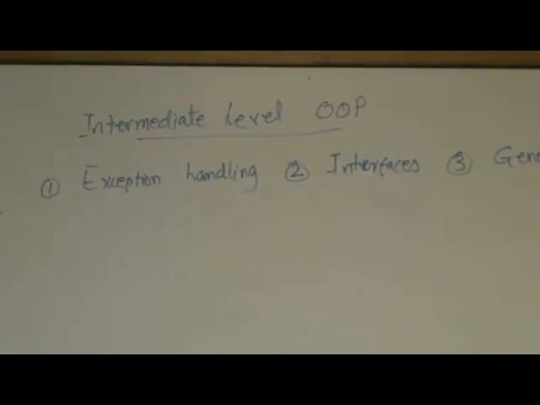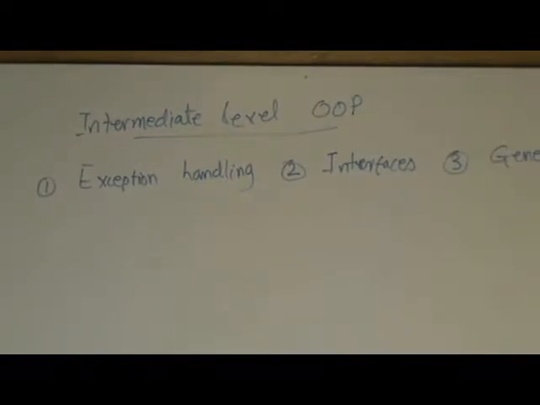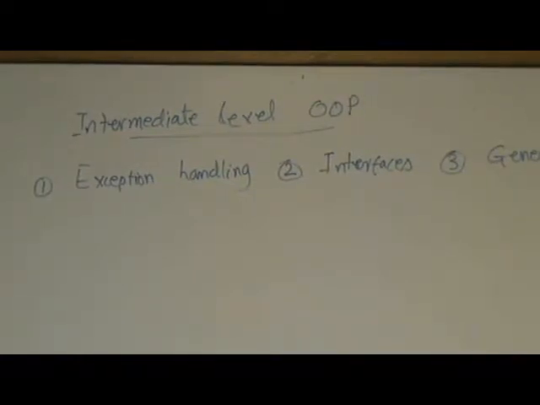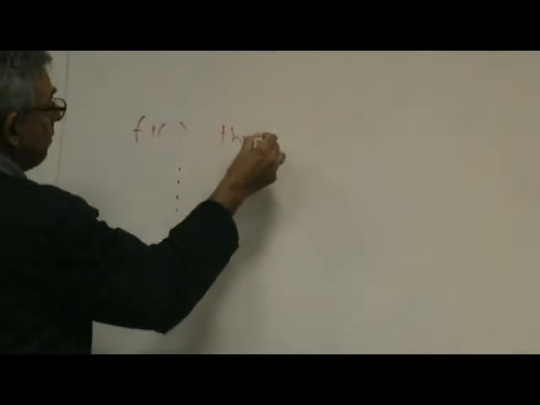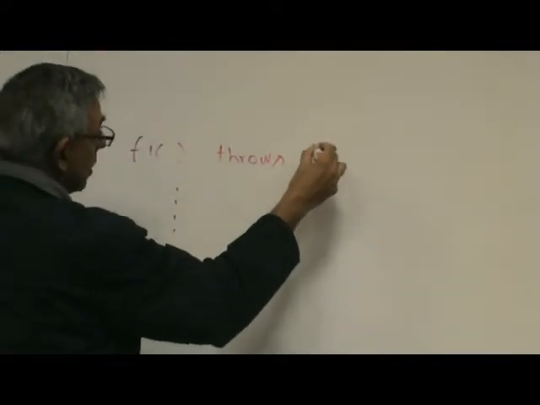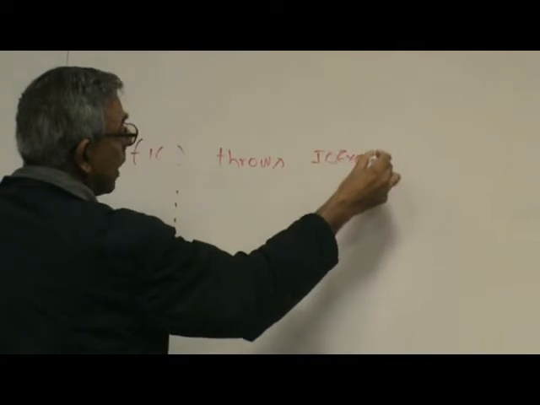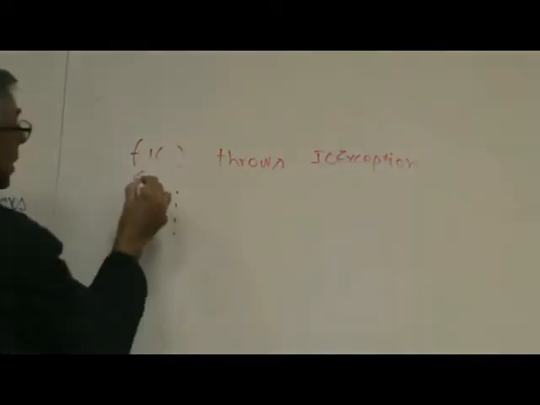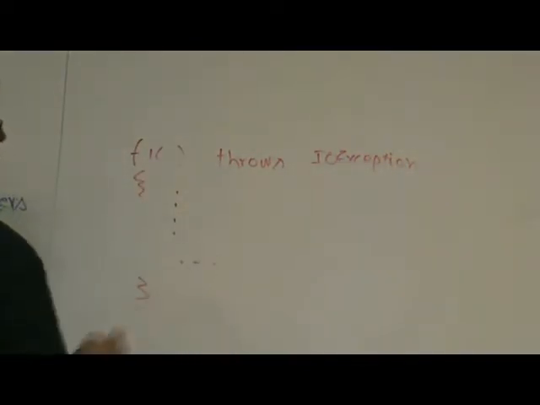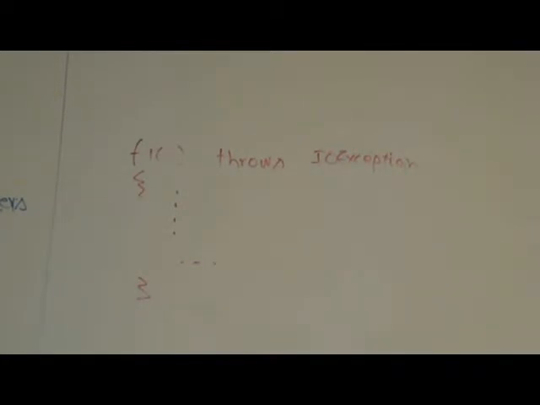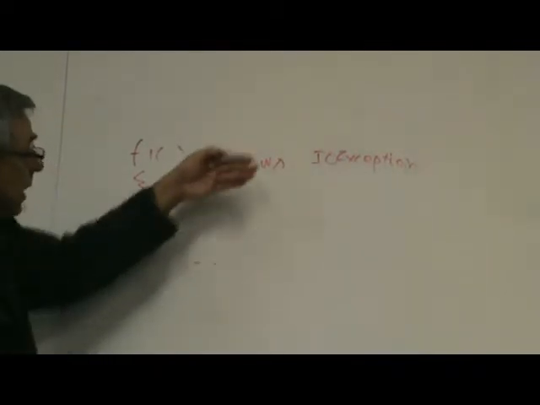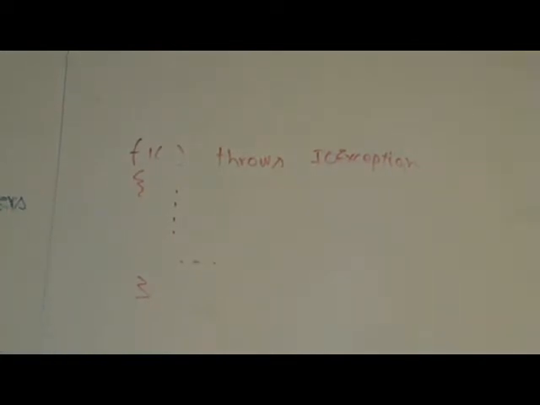So anyway, exception handling is extremely straightforward in C# compared to Java. In Java, if you wrote some method and it was going to throw some exception, you have to write a statement throws IO exception or whatever type of exception you are writing. Otherwise, if you don't write it and you created an exception, it will not let you compile it.